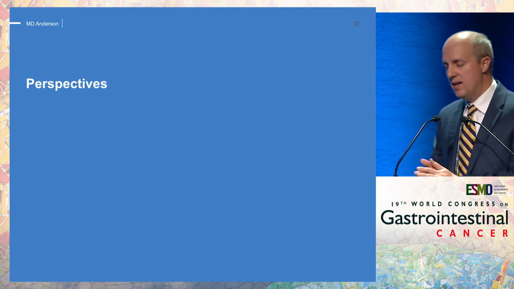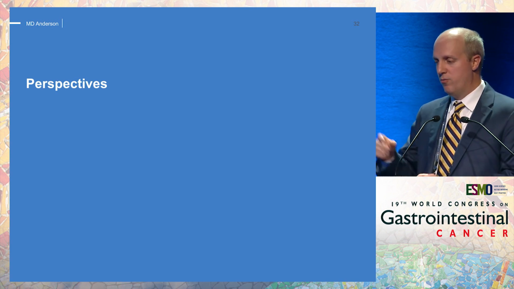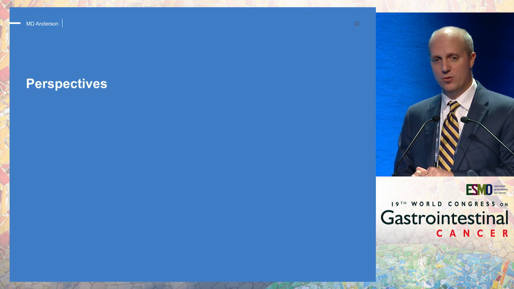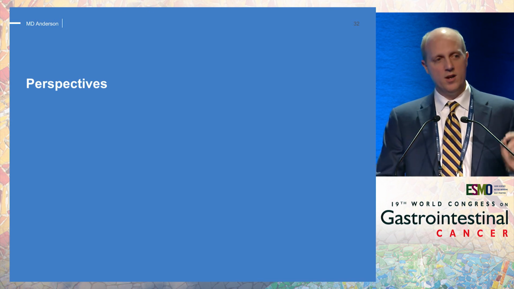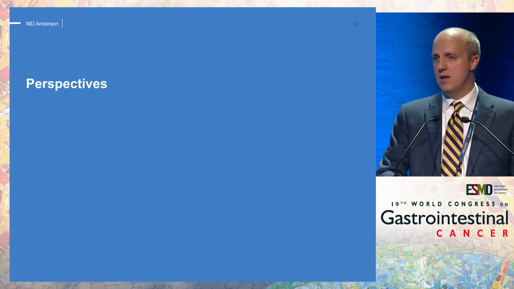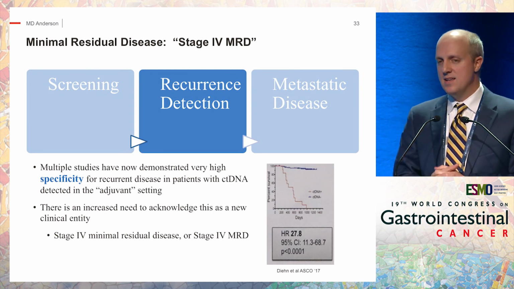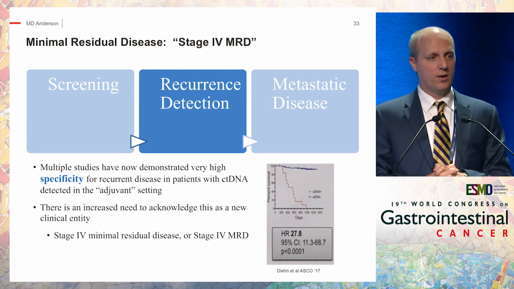So I wanted to end with just two or three slides on the second part of my title, which is perspectives. And I wanted to double back first to this idea of monitoring after resection of disease. We're used to talking about biomarkers that may predict recurrence.